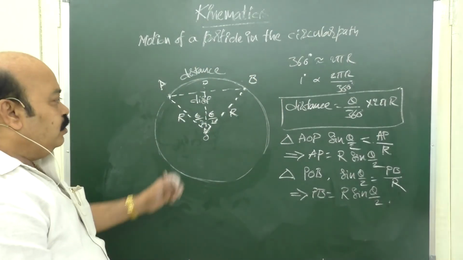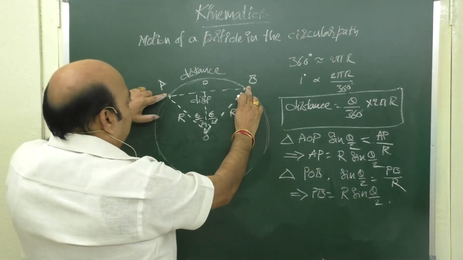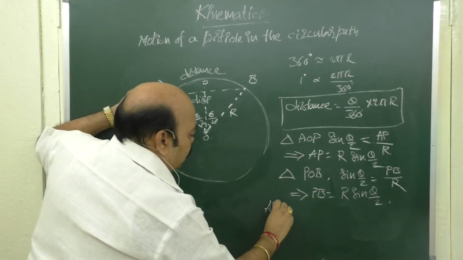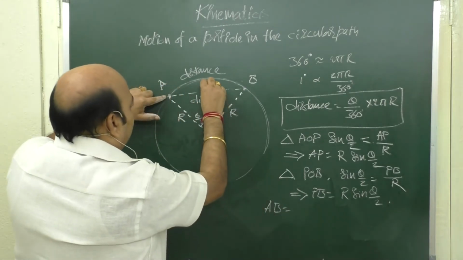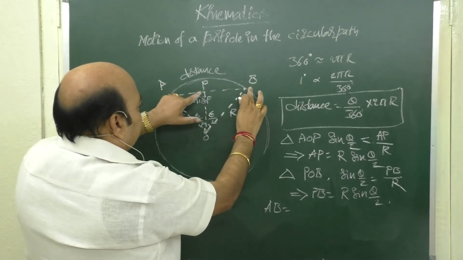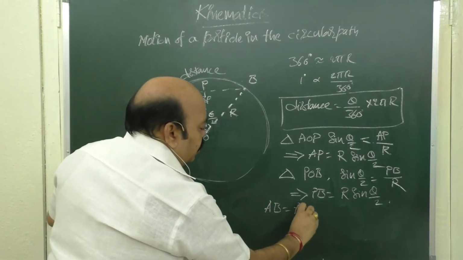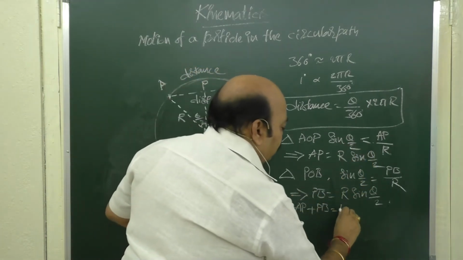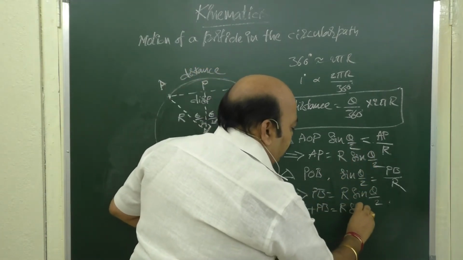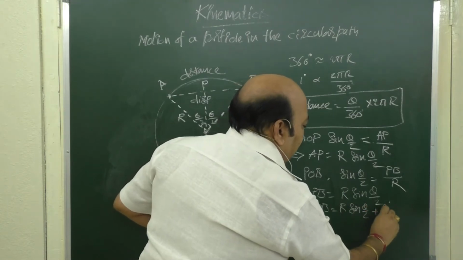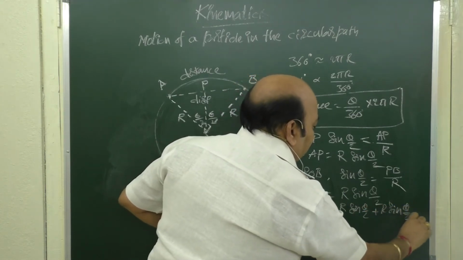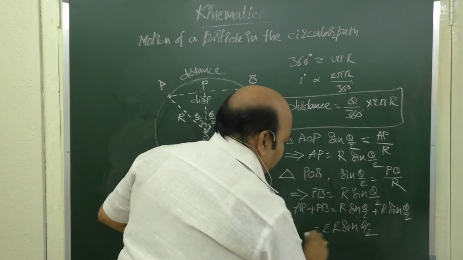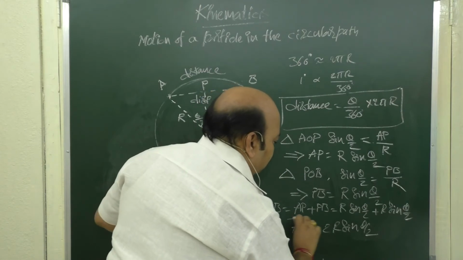Coming to the conclusion, what is the displacement in the figure? Displacement AB is the sum of the two segments, AP plus PB. AP is R sin theta by 2 and PB is again R sin theta by 2. So 2R sin theta by 2 is the final answer. It is nothing but AB.